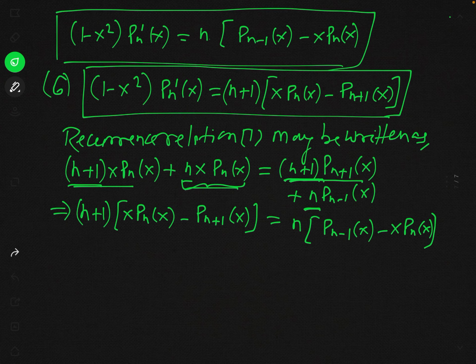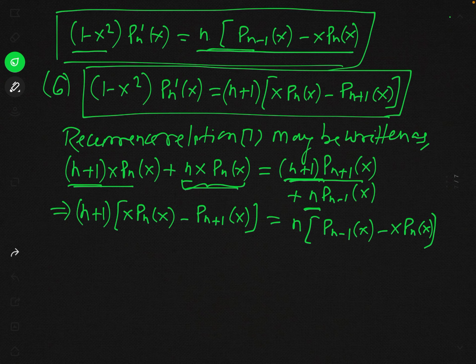Now, see the fifth recurrence formula. You can see the RHS of this fifth recurrence formula: n into Pn-1(x) minus x Pn(x). What is this?